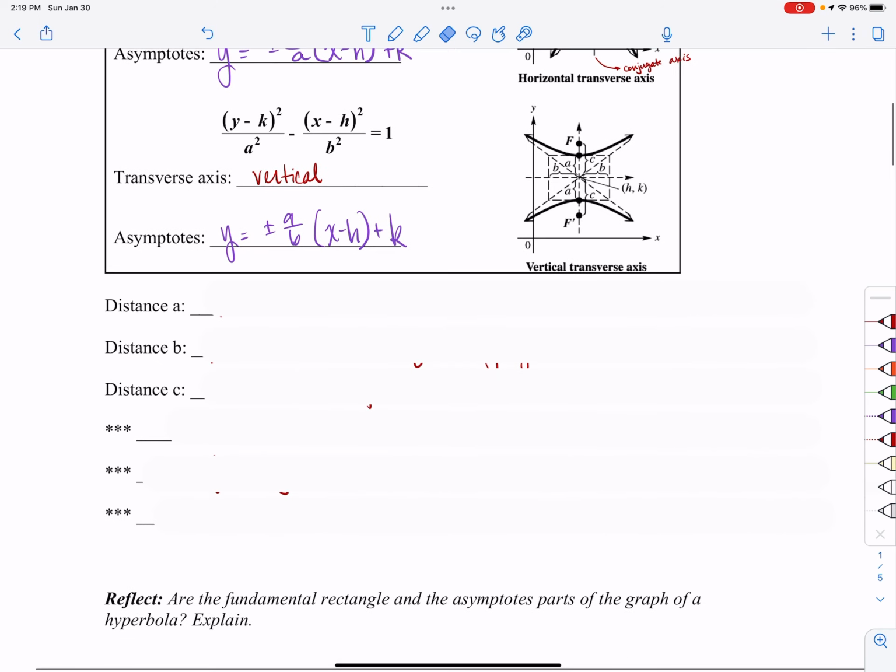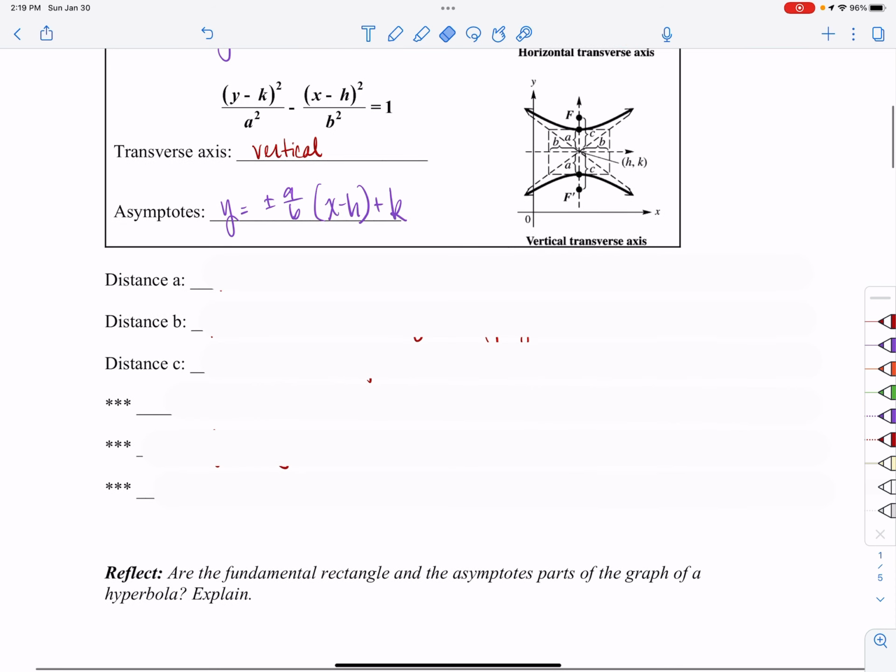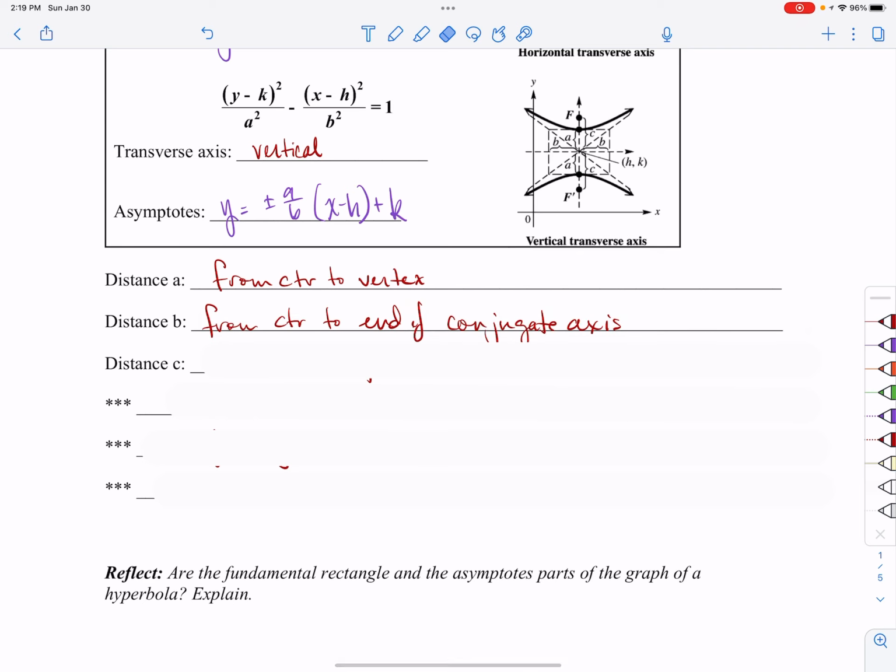Very similar to the ellipse, distance A that you see on the picture is going to be from the center to the vertex. Distance B will be from the center to the end of the conjugate axis. This is why I said if you know your A and your B, you're able to get your box.